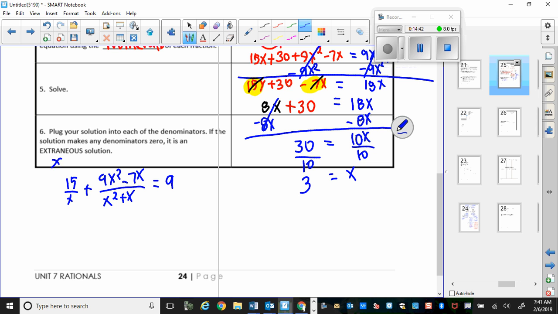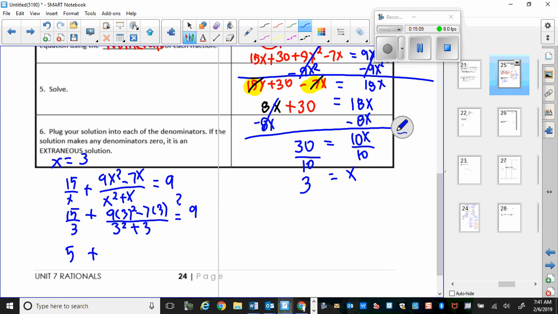So I saw that x equals 3. So 15 over 3, that's 5, plus 9 times 3 squared minus 7 times 3 over 3 squared plus 3 equals 9, question mark. We're checking to make sure both sides equal each other.